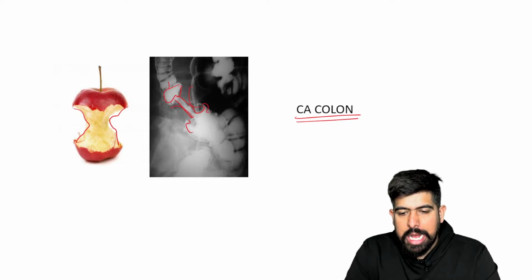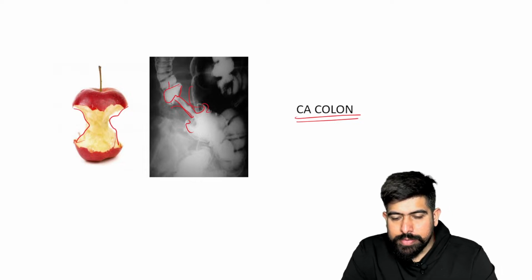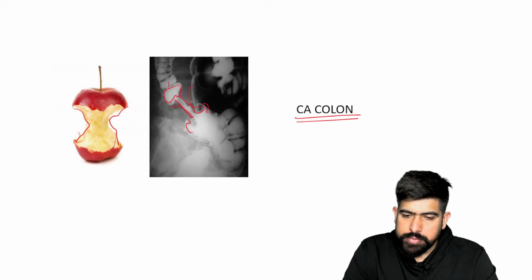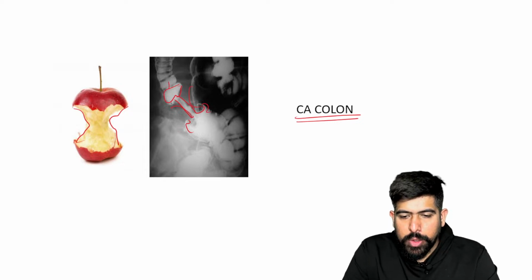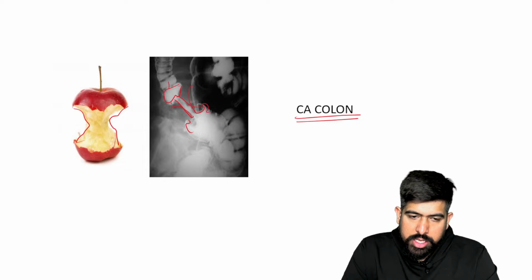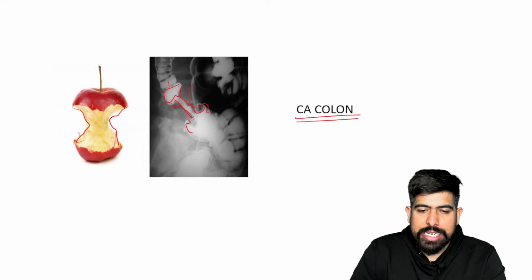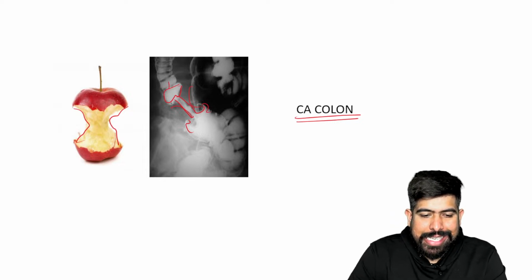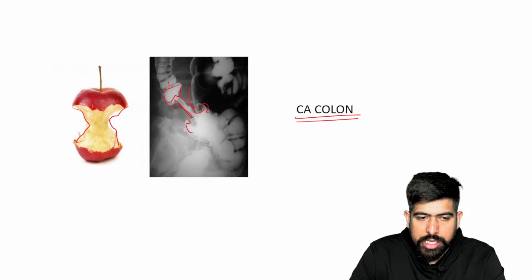Is it clear? Apple core is carcinoma colon. Is it clear, doctor? Very good. So this is about CA colon, carcinoma of colon, and this sign is seen in this condition. Is it clear?